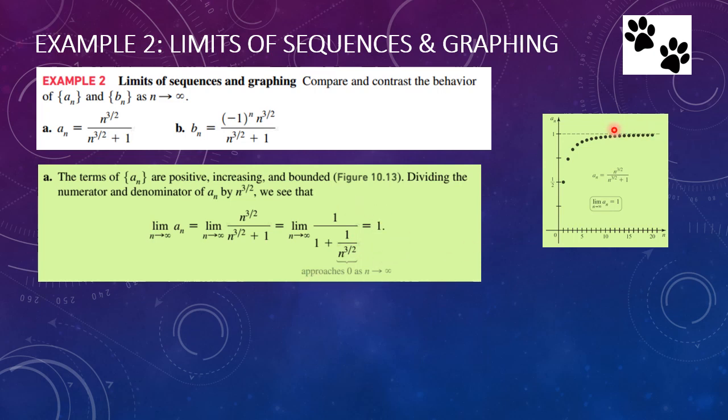If we look at the graph, we can see that over here to the right. The terms are positive, increasing, and bounded. All the terms are positive, they're all increasing, and they're bounded.